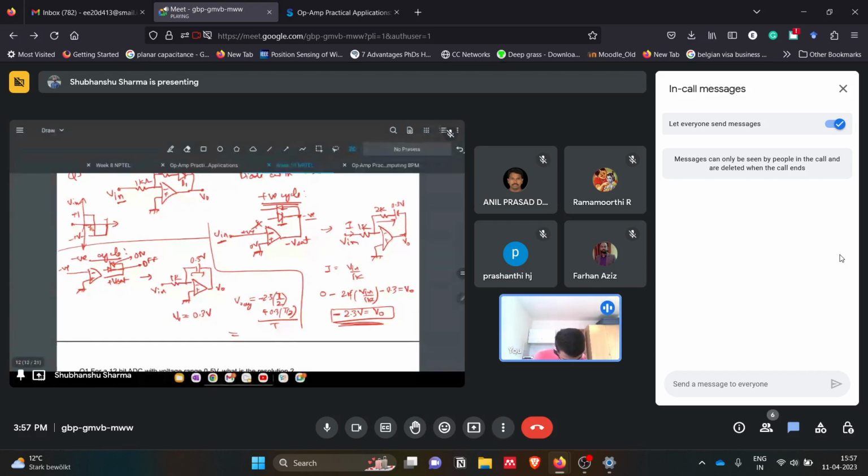T cancels, so it will be minus 2 divided by 2, that is minus 1 volt. The answer is minus 1 volt, V naught average. Clear? Yeah, okay, sir. Any other doubts?